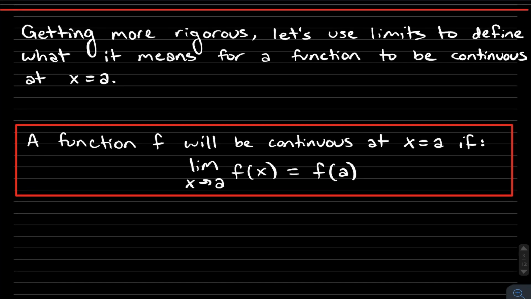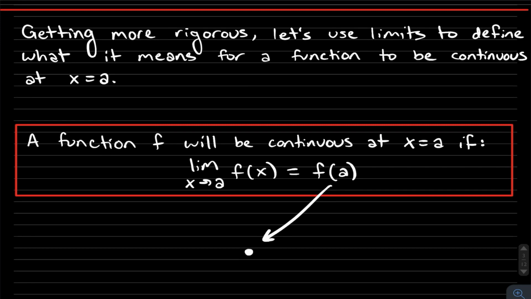Now, for a function to be continuous at some x equals a, some x value rather, it's going to be continuous if the limit as x approaches a of f of x equals f of a. What that means is that the point you're dealing with, f of a, needs to be equal to the limit from both sides as x approaches a.